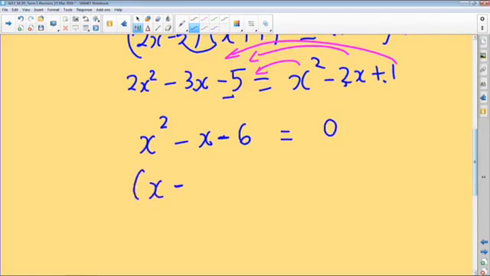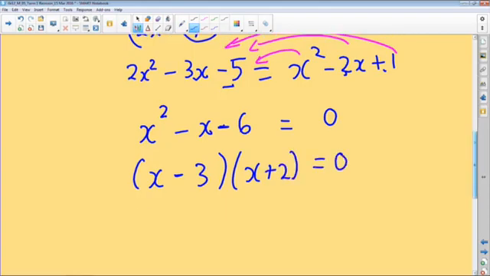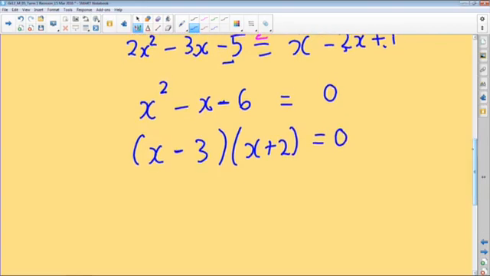If you're getting stuck at this stage, it means that you need to go back and revise your trinomials from grade 10. Okay, so we factorize that into x minus 3 times x plus 2 is equal to 0. So therefore you get two values for x. x is equal to 3 or x is equal to minus 2.